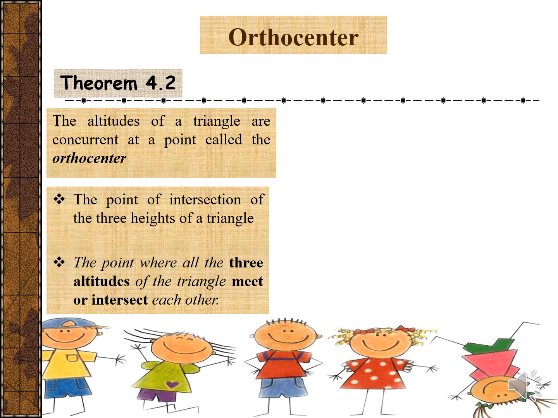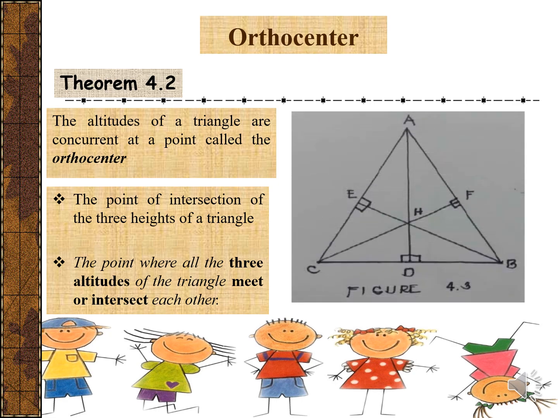It is also the point of intersection of the three heights of the triangle, the point where all three altitudes of the triangle meet or intersect each other. Figure 4.3 shows triangle ABC with its orthocenter H.